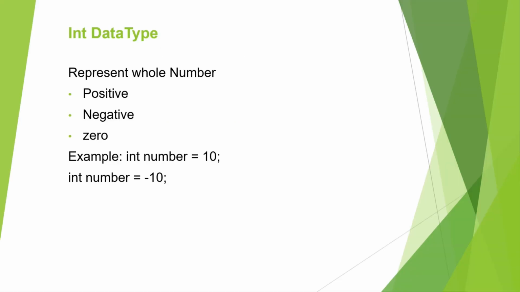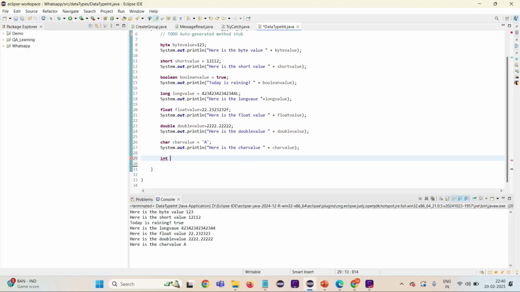We have int data type that represents whole numbers. It can be positive, negative, 0. So we'll understand with the help of a program integer data type. We use int as a data type, variable name equals value. Now print the value for integer data type.